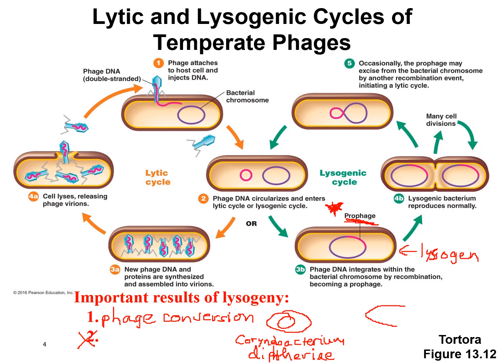When it gets infected with that temperate bacteriophage and has the prophage inserted into the bacterial chromosome, that prophage, that phage DNA, has a toxin gene. And the toxin gene from the virus is what is going to make you sick with diphtheria.